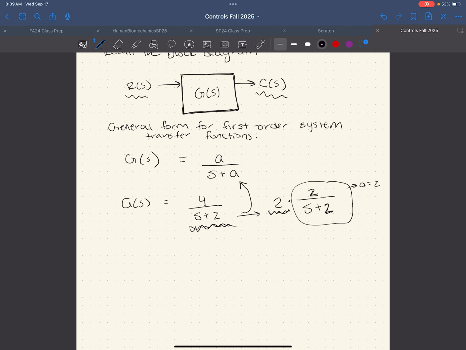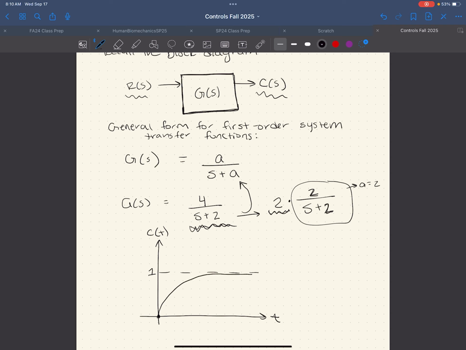So let's draw out the time response of this system. C of t, our output with respect to time. And we said, okay, for a first order system, if I get a unit step input, it's going to go from our initial condition, which is 0 for our transfer function.